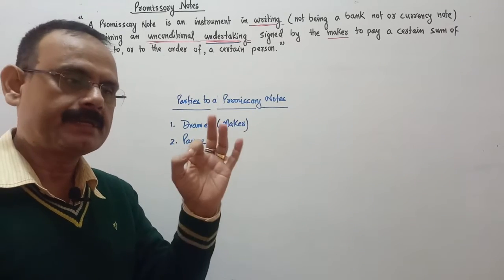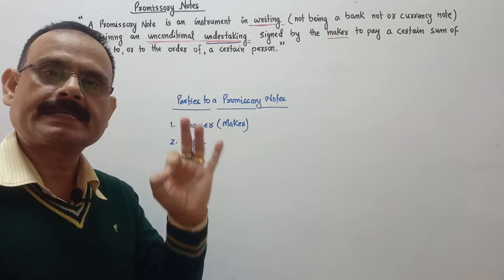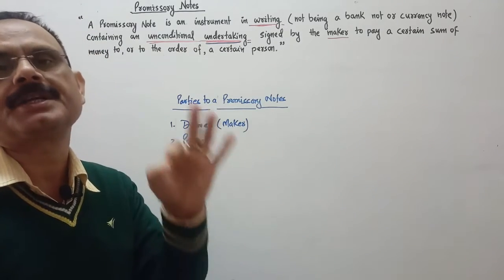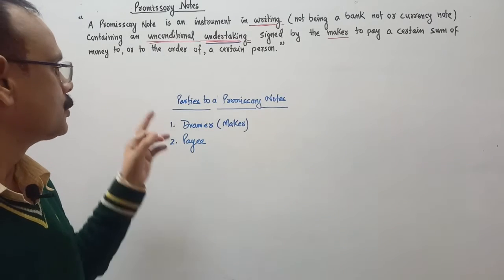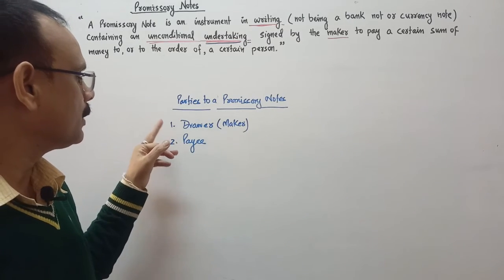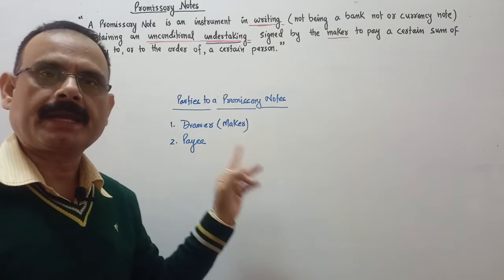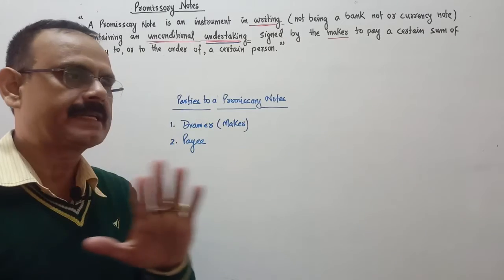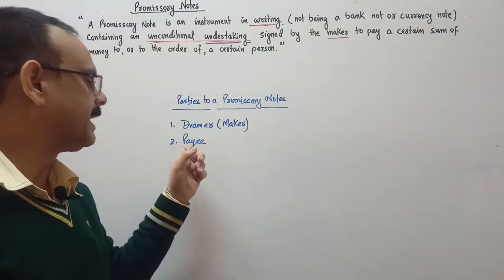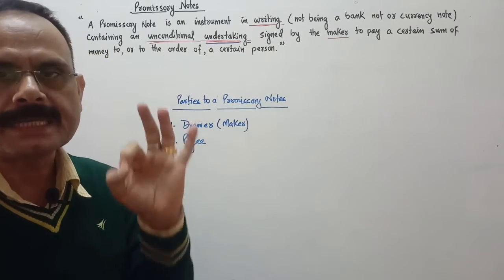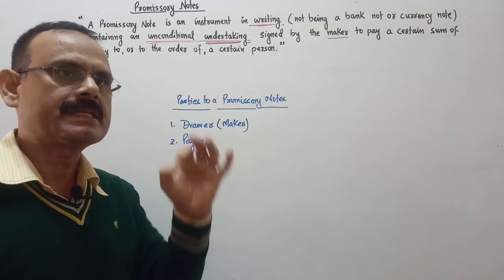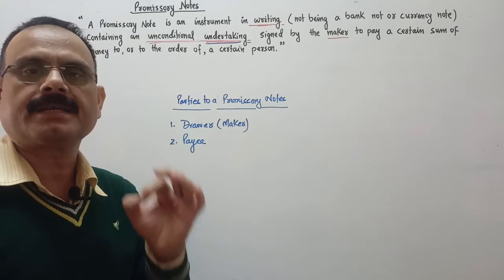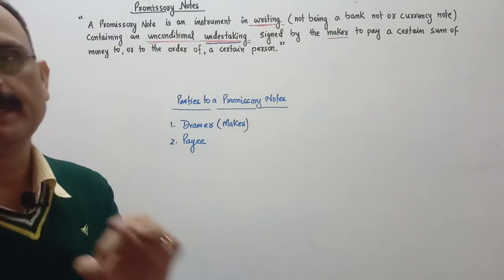The definite sum of money will be received by the seller after a certain specified period which is mentioned in the promissory note. So in a promissory note there will be only two parties. One is the maker who draws the bill. Here no acceptance is required. And second is the payee, the person who receives the amount of the bill. So the seller, the creditor, is the payee of the bill.